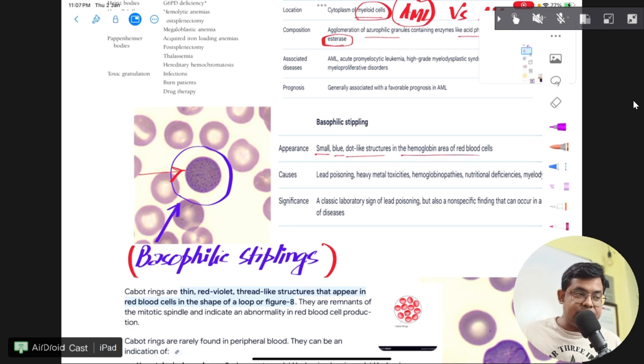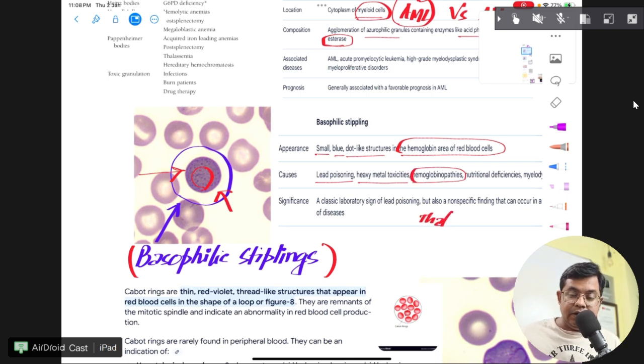So this is one RBC, and as you can see, there are multiple very tiny bluish dot-like structures within this RBC, and these bluish structures are basically the basophilic stippling. So this is seen in case of lead poisoning, heavy metal toxicity. It is also found in different hemoglobinopathies like thalassemia or sickle cell anemia.